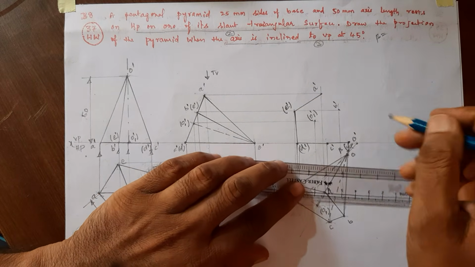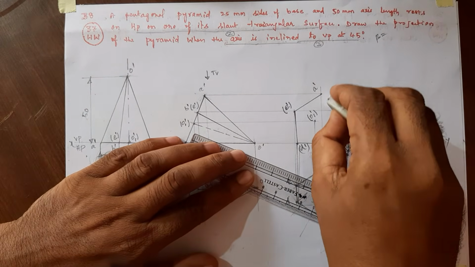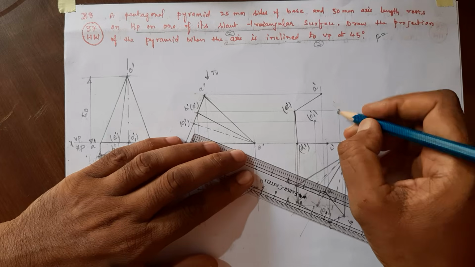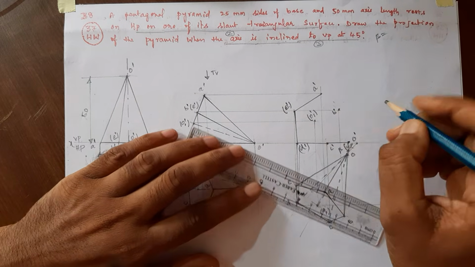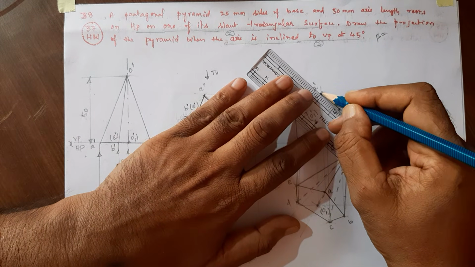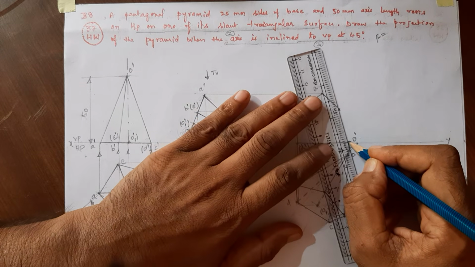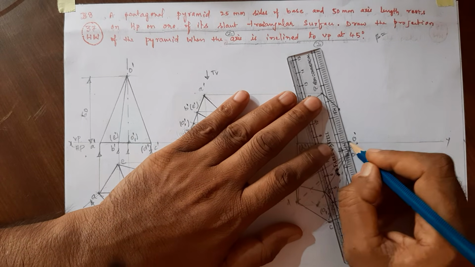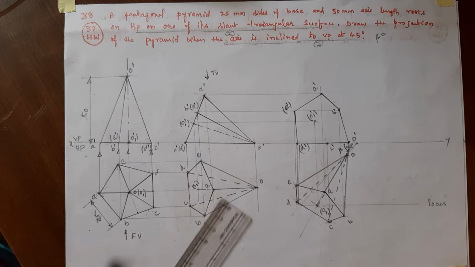Now see, it is a little bit inside. This point is B dash. Next A dash to B dash. Next O dash to B dash. Okay, so the outline edges are over.